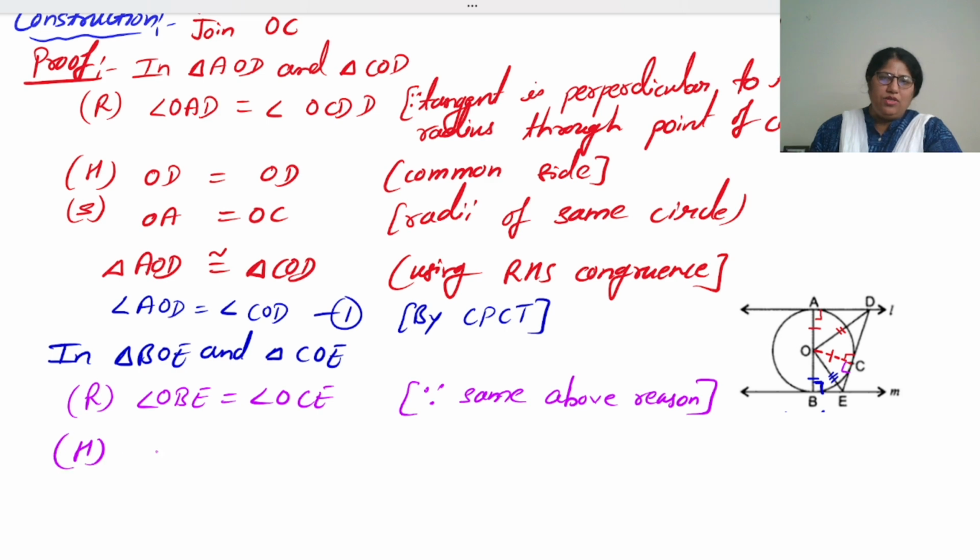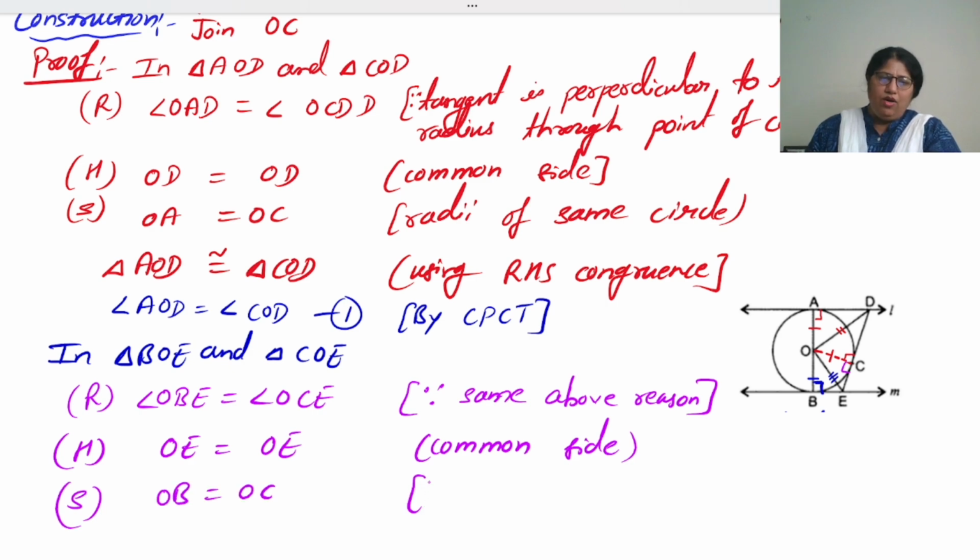Now the hypotenuse is the common side, which is OE equals OE, which is a common side, right? And other than that, one more side, which is OB equals OC. This is the radii of the same circle, radii of the same circle, right?